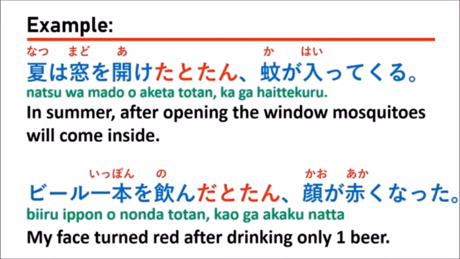So when you want to change to the past or the present simple, you just look at the end of the sentence. Akaku natta means the past tense, but for the present simple, you can say akaku narimasu. So I hope that you understand how to use the grammar of Totan.